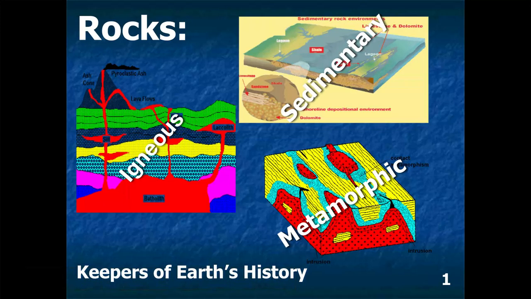And really what's important here is if you look at the bottom of your screen, it says keepers of earth history. And in fact, that's very true, because rocks tell the story. As we move through the content material with these three rock groups, you'll find that geologists certainly can use the rocks.